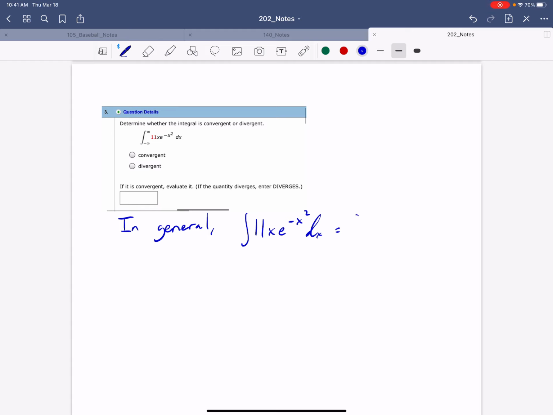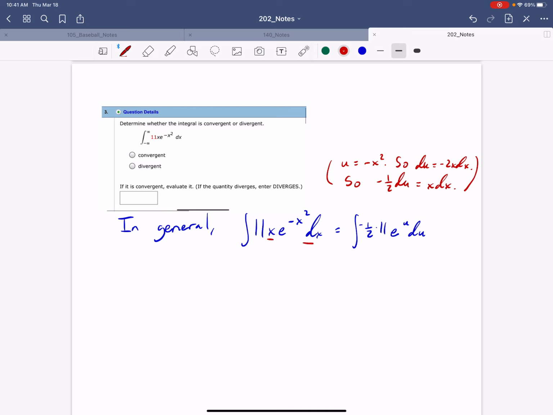is going to equal, and I'll show this in a sec, negative 1/2 times 11 e to the u du. What we did here: u equals negative x squared, so du equals negative 2x dx, and so negative 1/2 du equals x dx, and that's what we've got here.